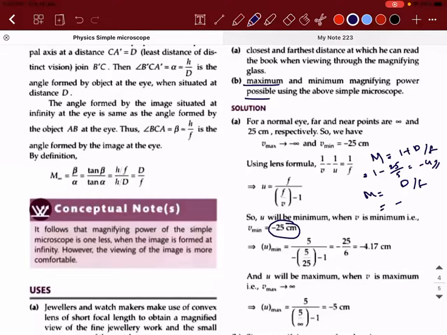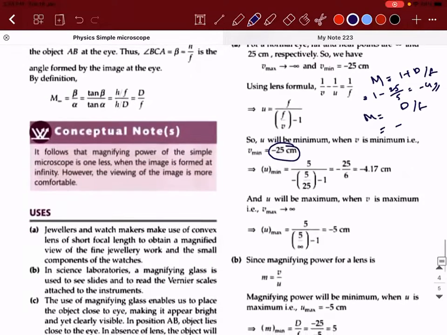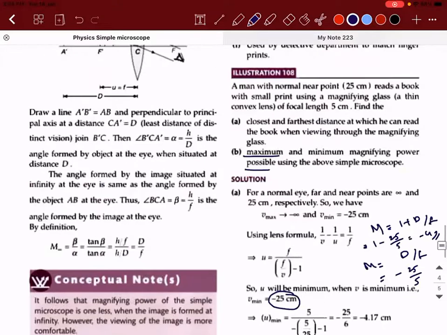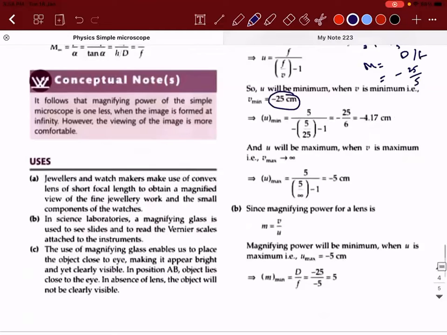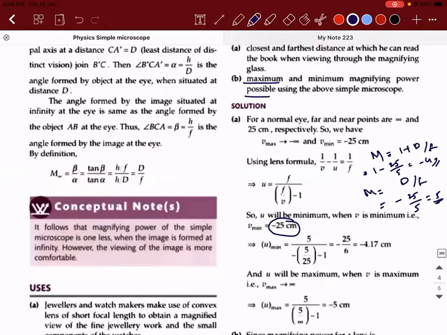This is a convex lens, but magnifying power should come as a positive value. One minute. 1 plus d by f, 1 minus 25 divided by 5.